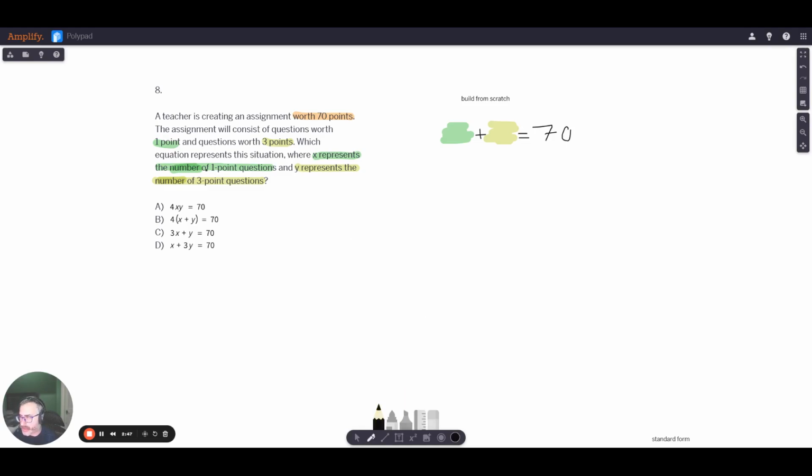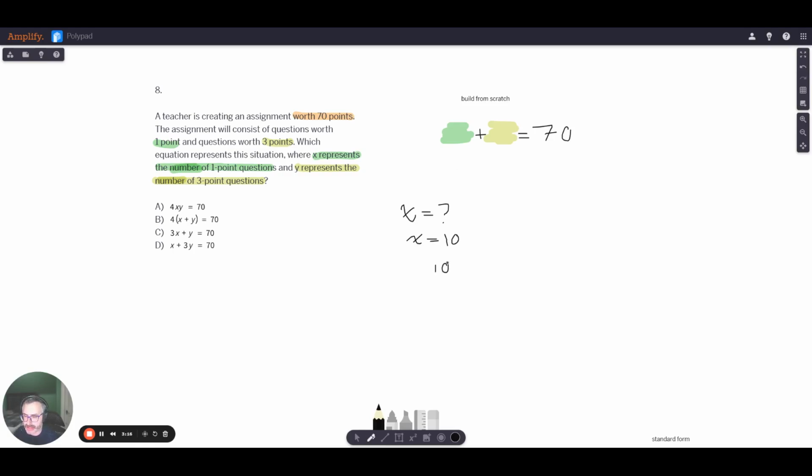We don't know how many 1-point questions there are, so we're going to call that x, but we do know what they're worth. So let's say x equals, I don't know, 10. If we had 10 1-point questions, then that would be 1 plus 1 plus 1, and so on, ten times.